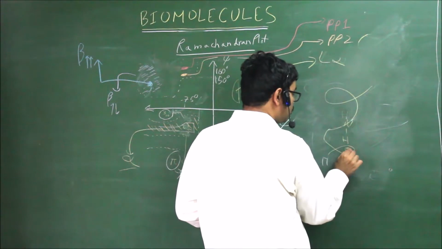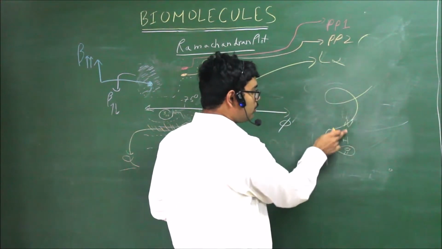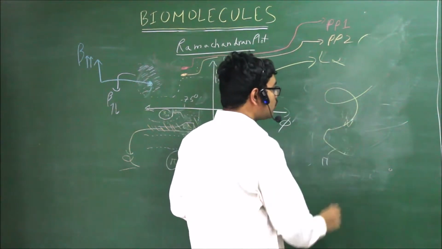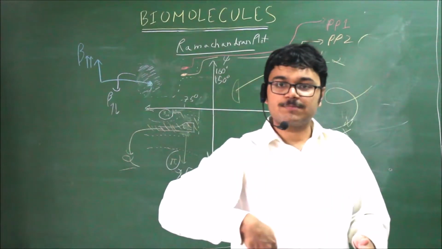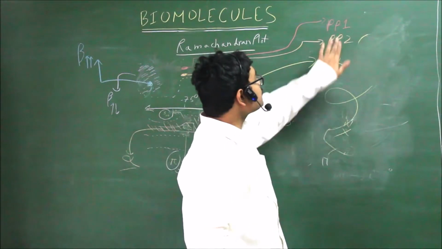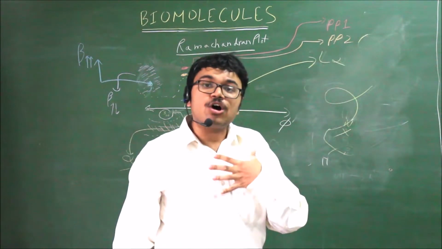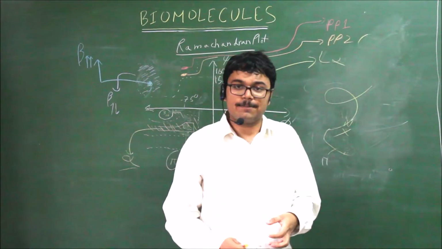So this double bond O will bond to this H. In proline, there is no H, because the R group itself bonds back to the nitrogen, and so they form much more open helices if the majority of the protein is made out of proline.